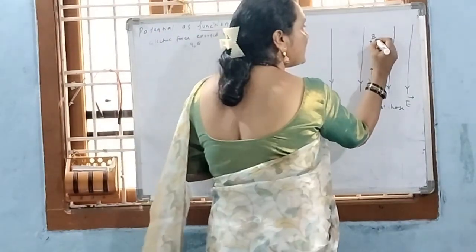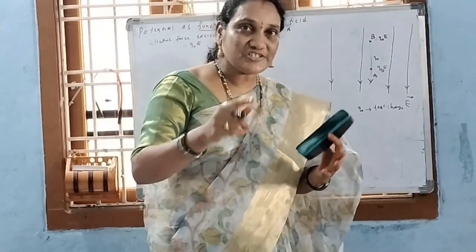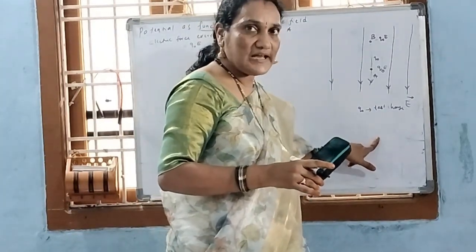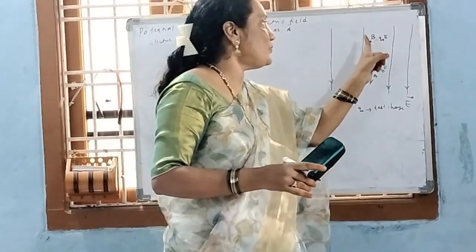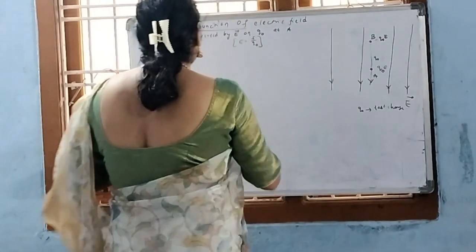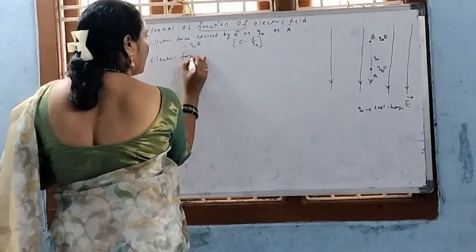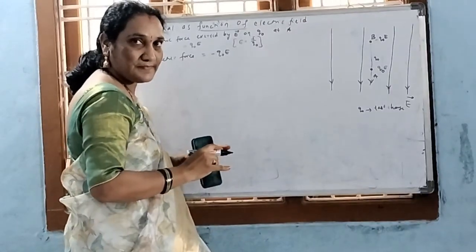The force here will be minus Q0 E. Why minus? Because we are going against the field. The electric field direction is downward and we are moving Q0 upward up to point B.